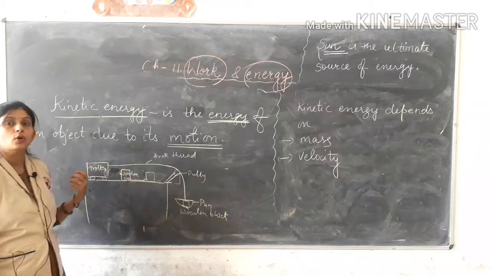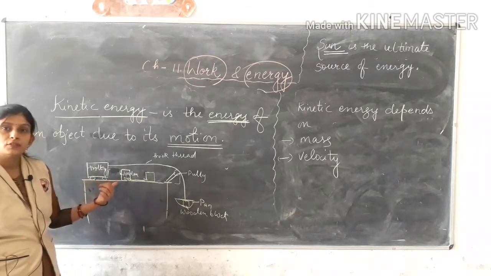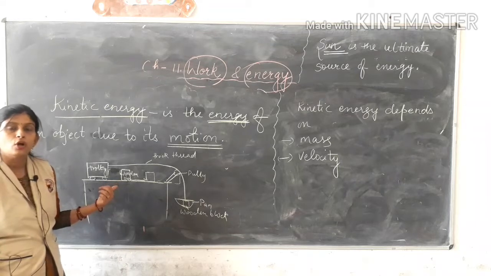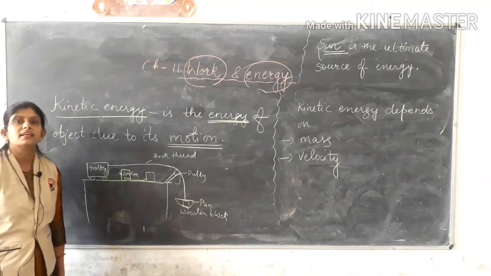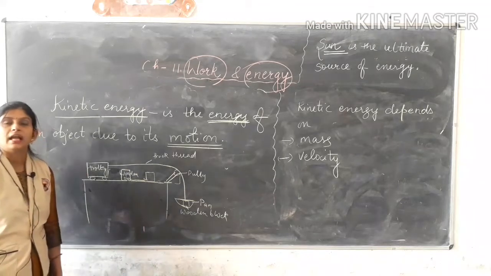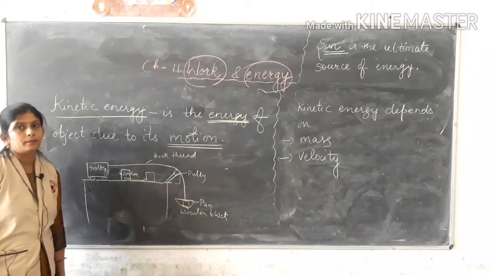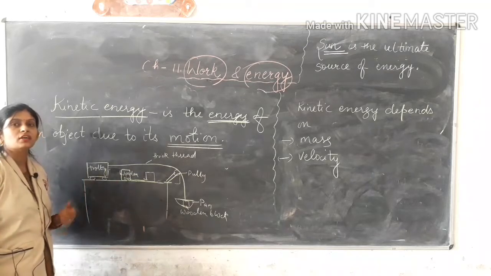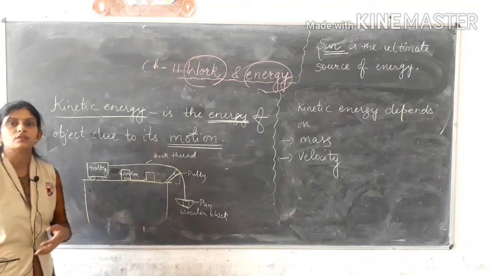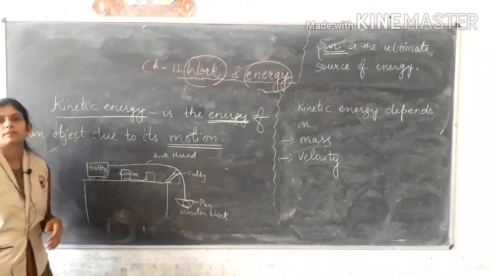Displacement increases, work increases. In this way, displacement or motion or velocity of the object increases, which ultimately increases the kinetic energy of the object, and vice versa. It means if you decrease mass, then force decreases, displacement decreases, work decreases. As a result, motion, displacement, velocity of the object decreases, so kinetic energy will be less.